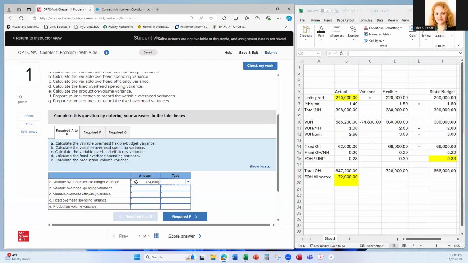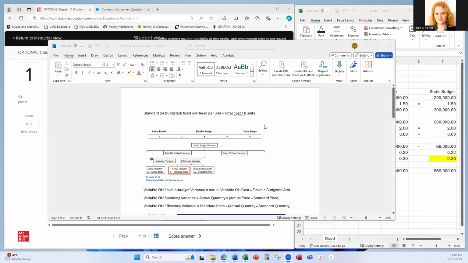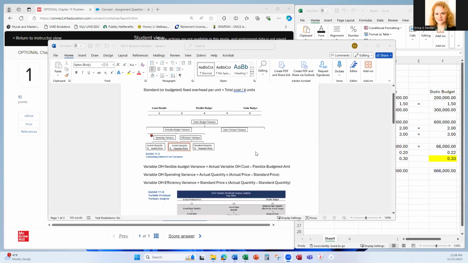Our next one here, they're asking for variable overhead spending variances. Let me pull up the handout I wanted to show you.